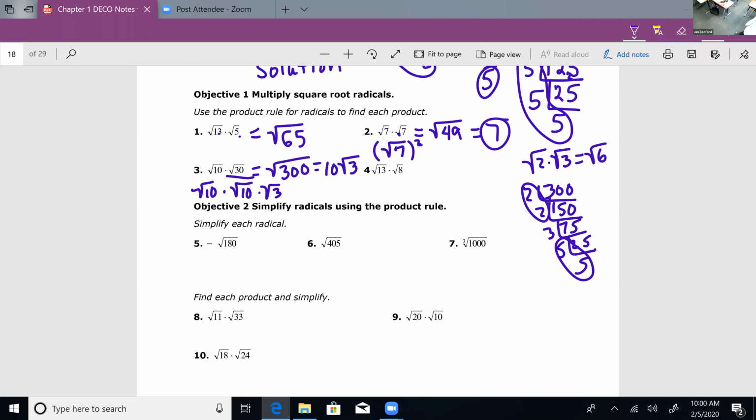What do we say happens if I get the square root of 10 times the square root of 10? It basically cancels out the radical, and wouldn't that equal 10 square roots of 3? Another way to get there, if your numbers have common factors, you might find that that works out. Make sense?